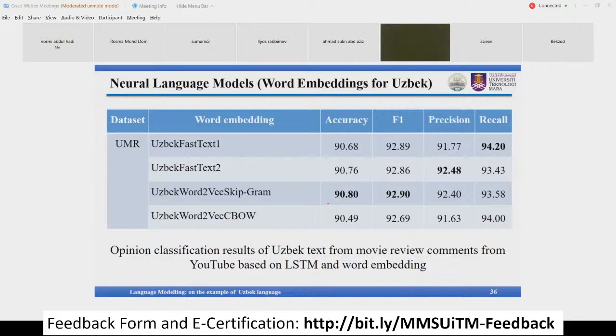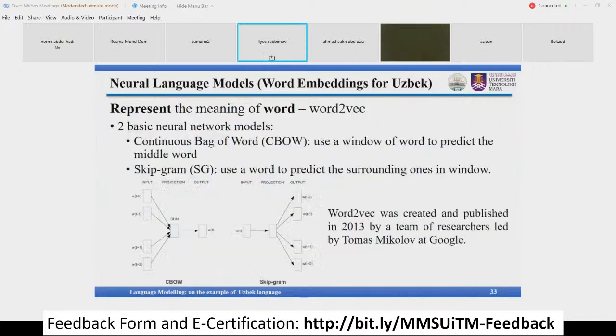Yes. This is the CBOW architecture, and there is the skipgram architecture. The calculation is mathematically the same, but the neural network structure is different. CBOW predicts target words from context words, the surrounding words.